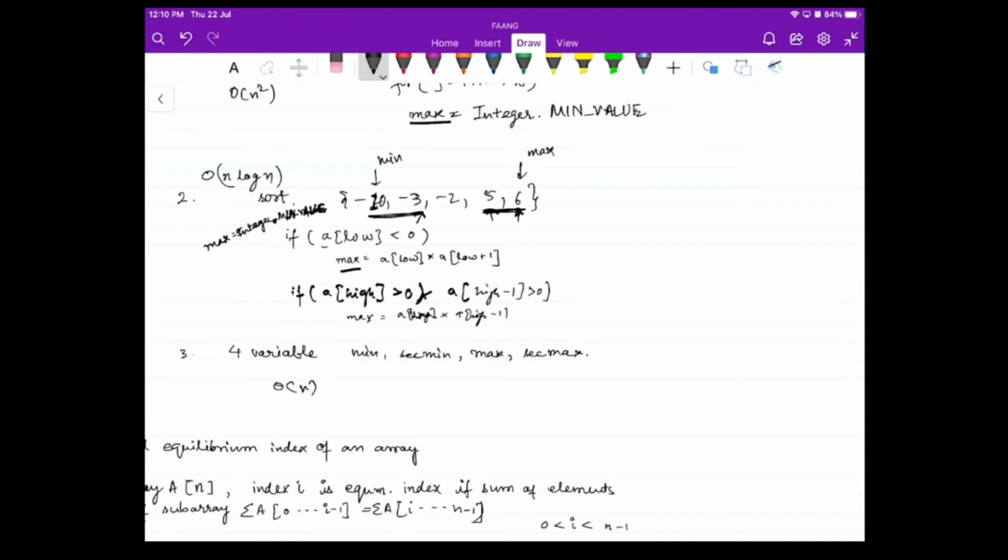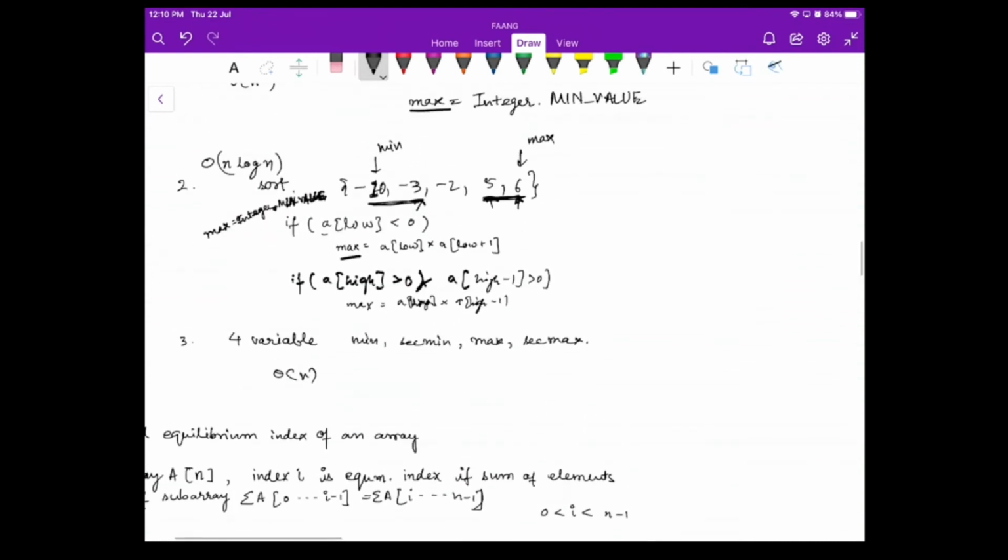Then if we multiply these two numbers, the maximum or the high one, we will get it. The other method could be, instead of using two variables, to use four: minimum one, minimum two, maximum one, maximum two, and then do the same thing.